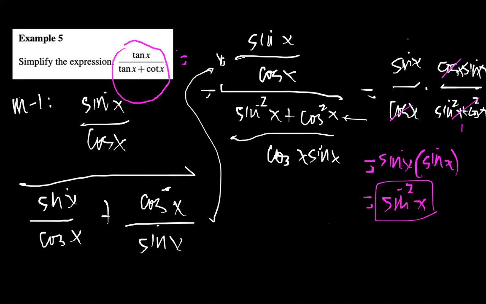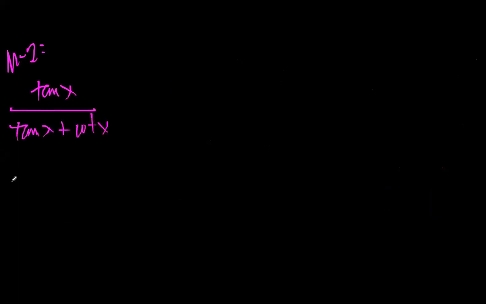Okay, good. Now, let's work on method 2. Tingnan natin kung paano natin to i-solve. Method 2, we have tangent x over tangent x plus cotangent x. Now we know that, by the way guys, since the expression has tangent and cotangent, and cotangent can be expressed in terms of tangent, why don't we just express all of the expressions in the given expression as tangent, diba? 1 over tangent x.